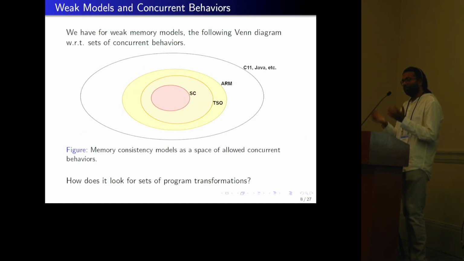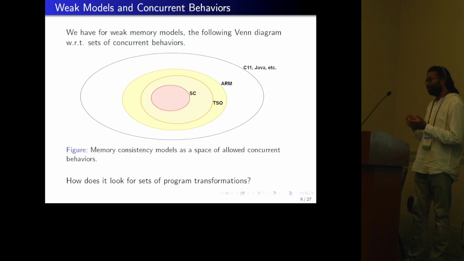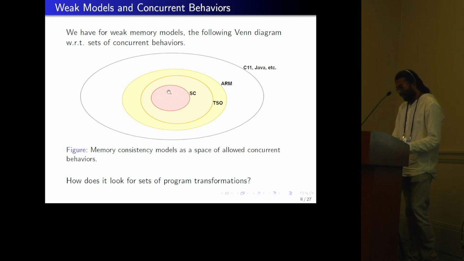We have this kind of picture when it comes to concurrent behaviors. SC has, let's say, this red circle, and then TSO has strictly more behaviors, and the outer rings are variations like ARM, and the bigger circle is C11, Java and other memory models.